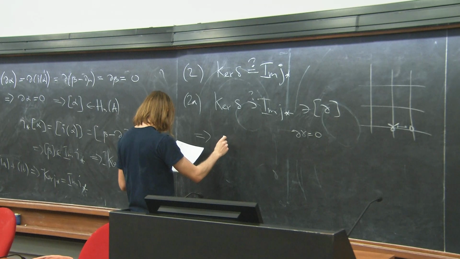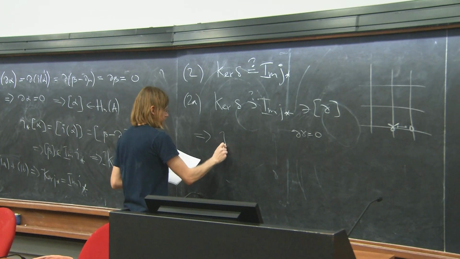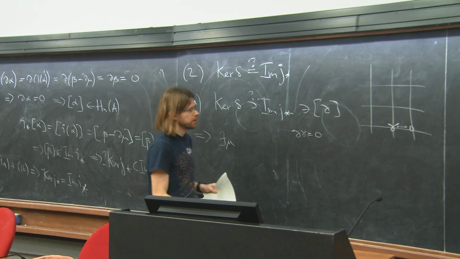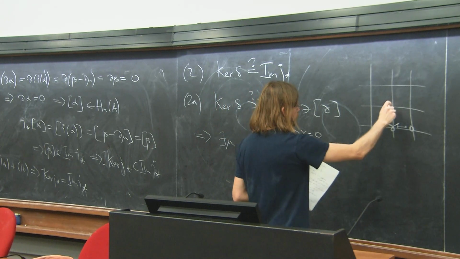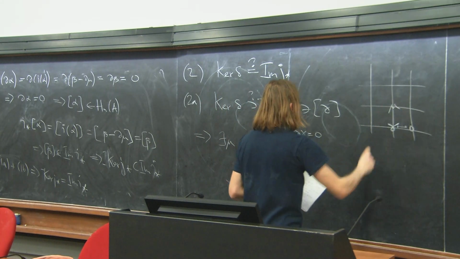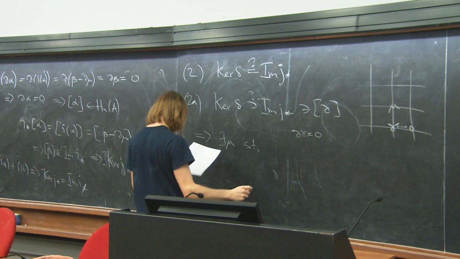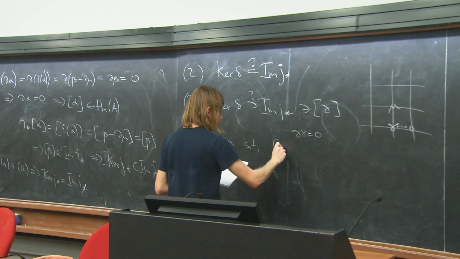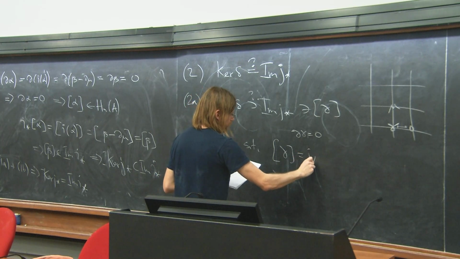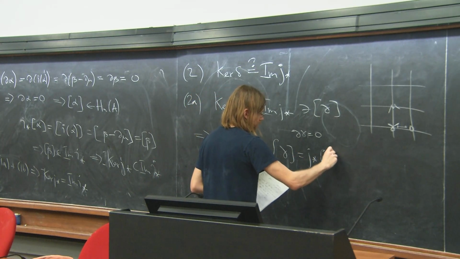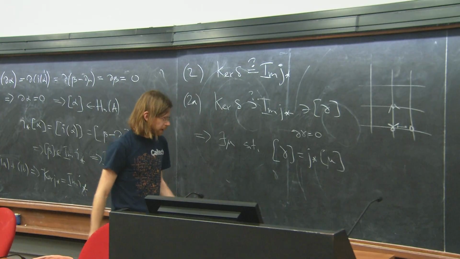This means there exists mu here such that gamma is J star of this class of mu.